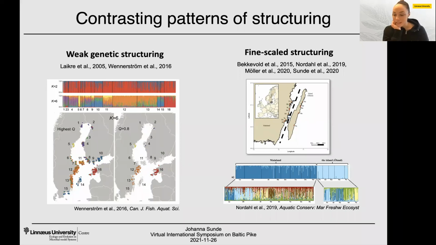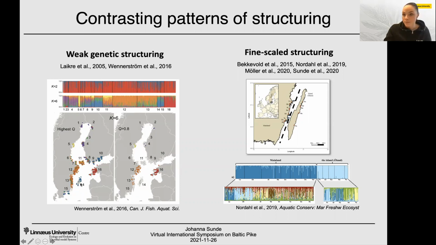Already during the first day of this presentation, there was a question concerning the population structure of Baltic Sea pike. As was answered back then, the previous studies show somewhat contrasting results, so we don't really know for sure how it looks. Some studies suggest that there is weak genetic structuring with large regional genetic clusters.